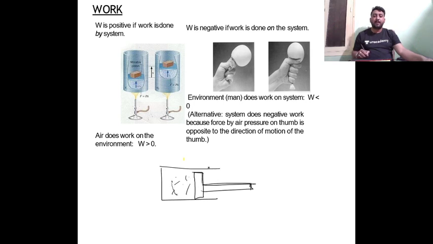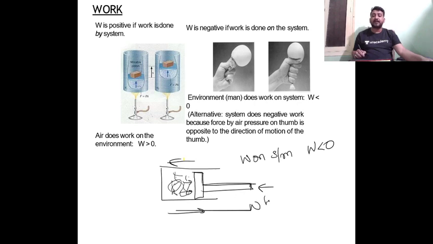Now, if I compress this using some force, then we say that work is done on the system, and we consider it to be negative. Now, if the gas, due to high pressure, pushes the piston in the backward direction, applying the pressure, then we say work is done by the system, and we consider work to be positive. So these are some conventions.